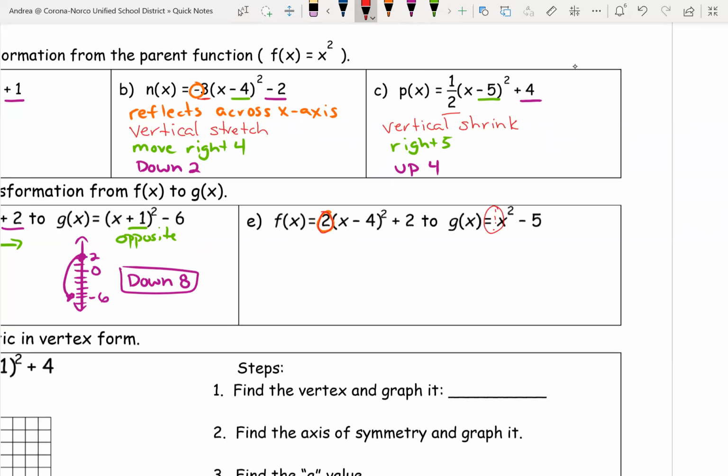It goes from 2 to 1. Okay, so 2, is that wide or narrow? Very good, narrow. It's a skinny graph. Okay. 1 is just normal, right?